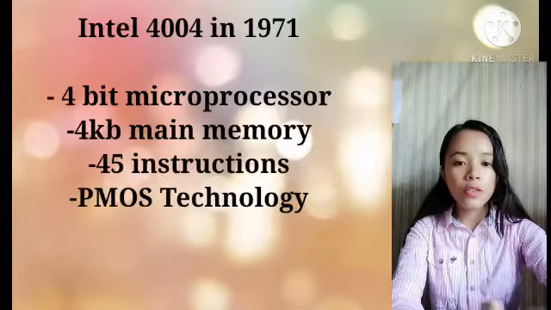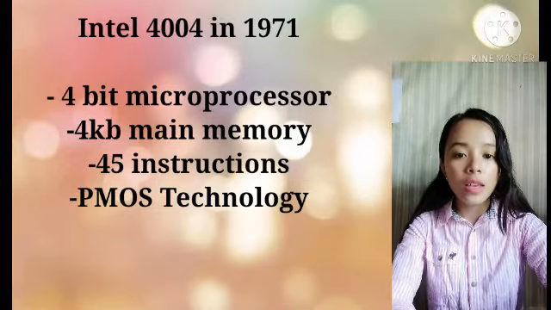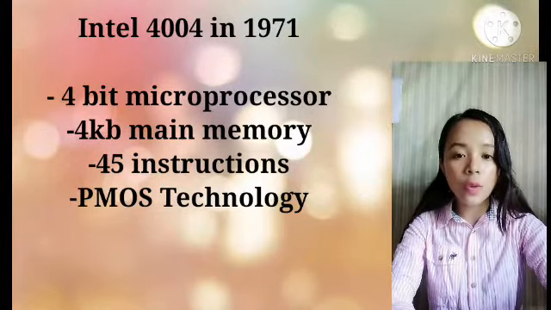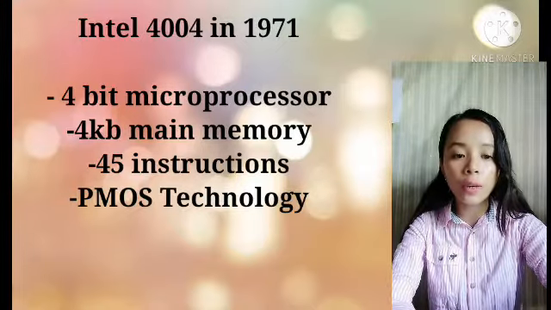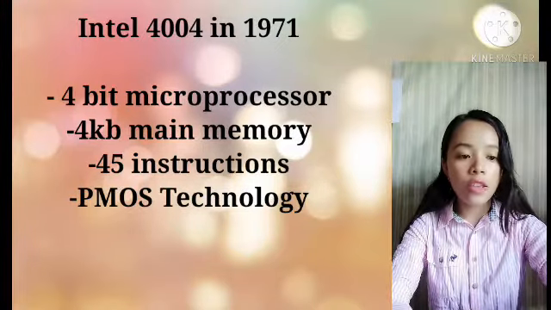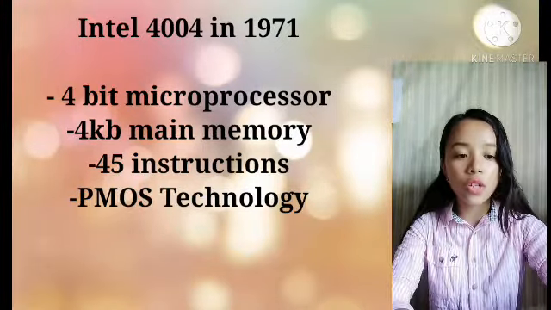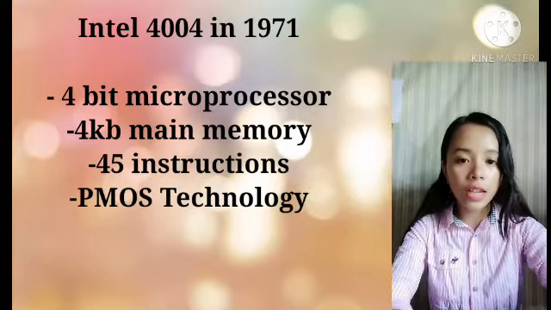And now let's proceed to the historical background of the Intel microprocessors. First we have the Intel 4004 in the year 1971. It is a 4-bit microprocessor with 4 kilobytes main memory, 45 instructions, and PMOS technology. It was the first programmable device, used in calculators.